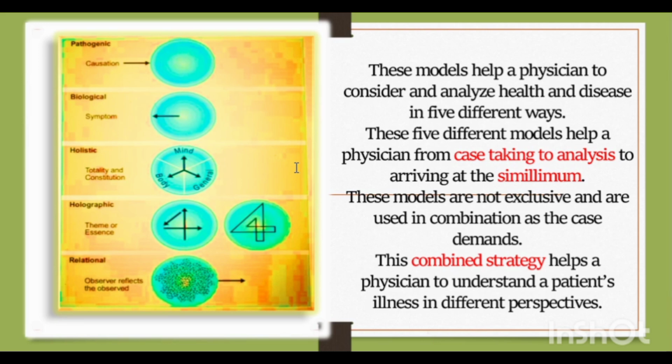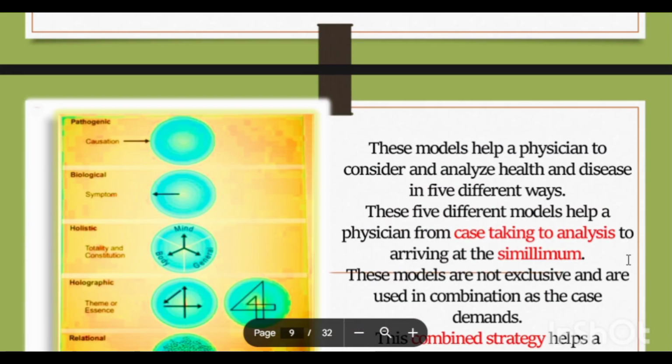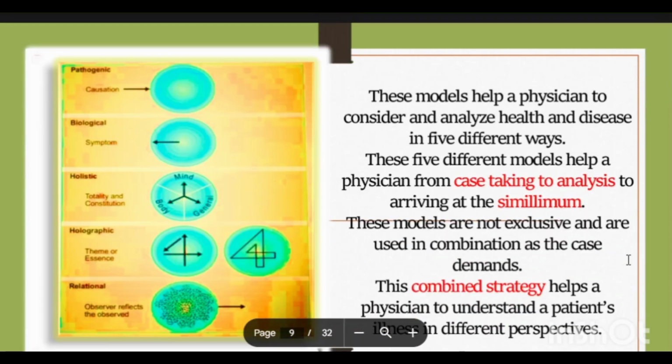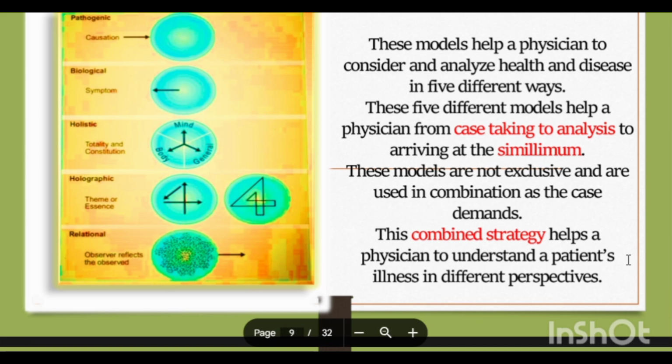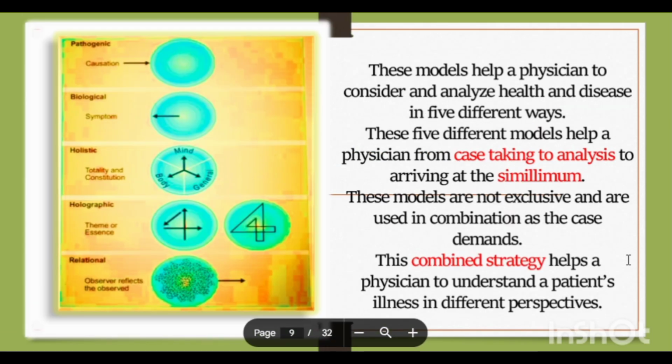Okay, let's focus on our star, the biological model of health. This model comes from the pathogenic model, the cause model. It sees health as the body's ability to fix itself after a problem.